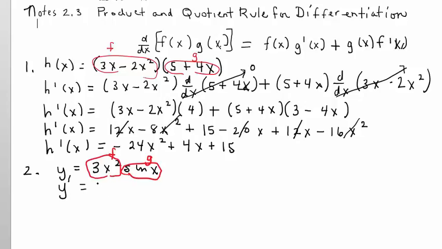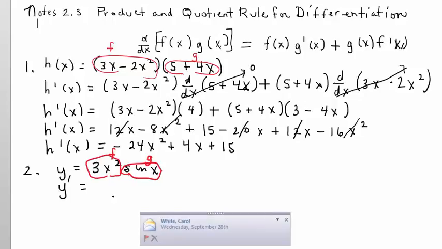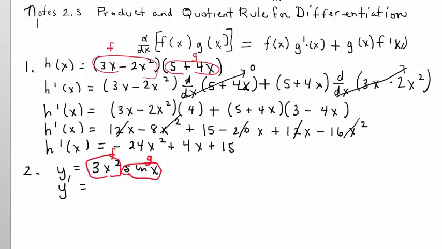All right, so it's f g prime plus g f prime. So f left alone, times the derivative of g. You can do the setup. So show what you're going to be finding the derivative of.